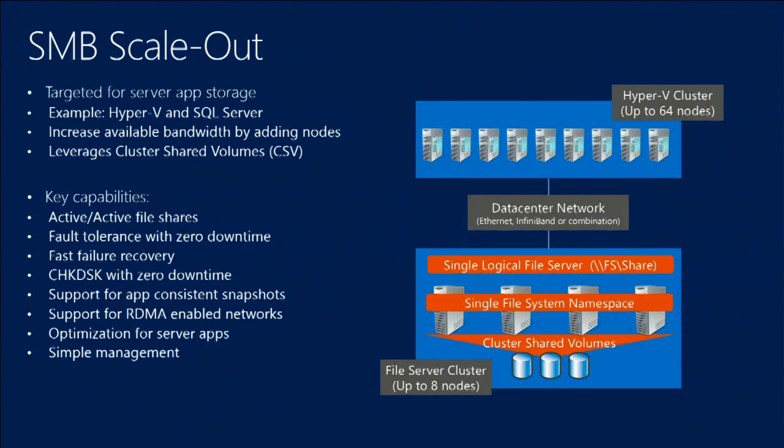They will spread out using round-robin, meaning the first one hits the first node, second one the second node, so on and so forth. So if you had, for instance, 4 nodes in the file server cluster and, let's say, 100 Hyper-V hosts, then you have 25 Hyper-V hosts on average per node, right?